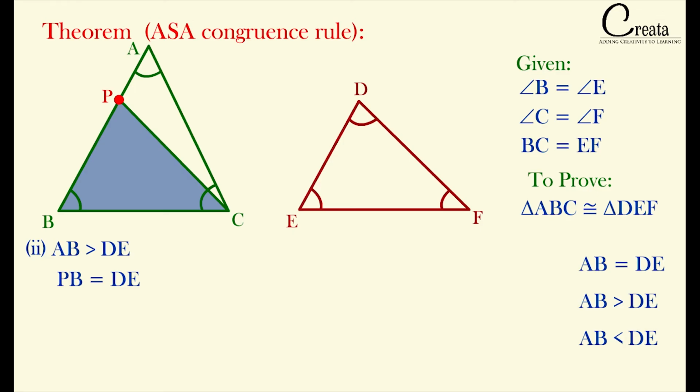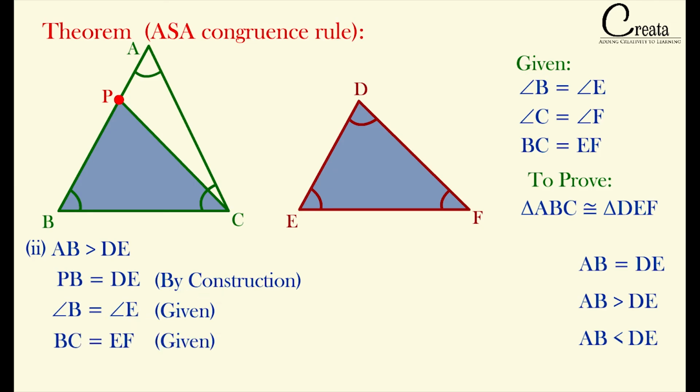In triangles PBC and DEF, PB is equal to DE, that we have done by construction, angle B is equal to angle E, that is already given, and BC is equal to EF, this is also given. So by the SAS axiom, triangle PBC is congruent to triangle DEF.